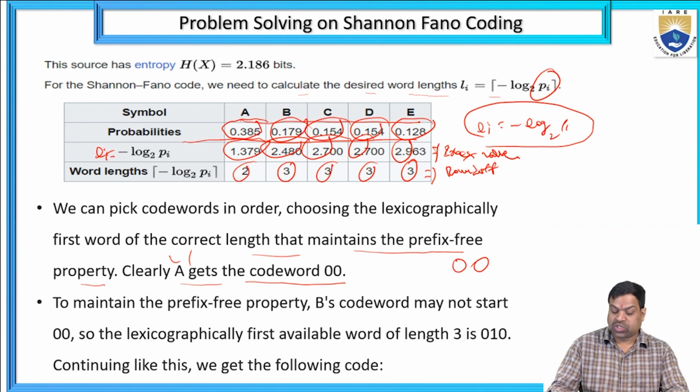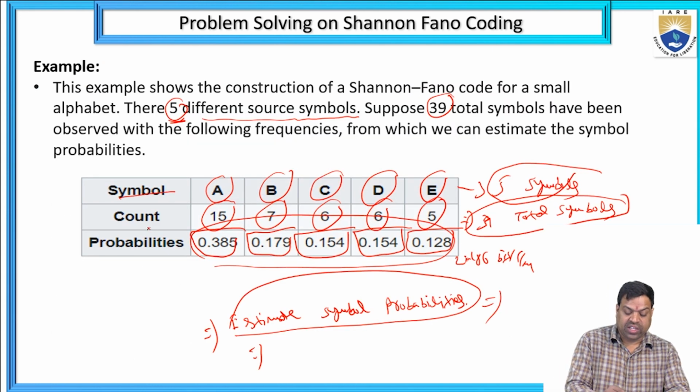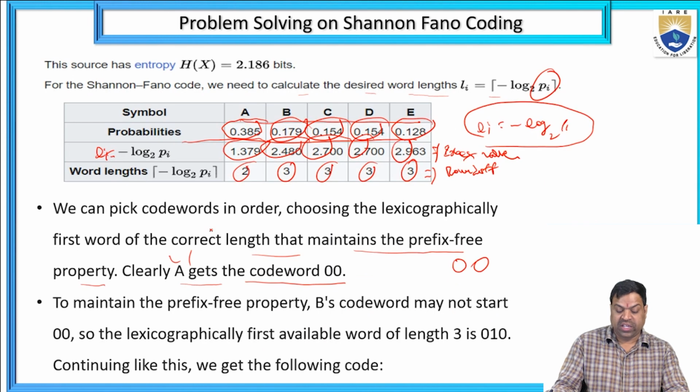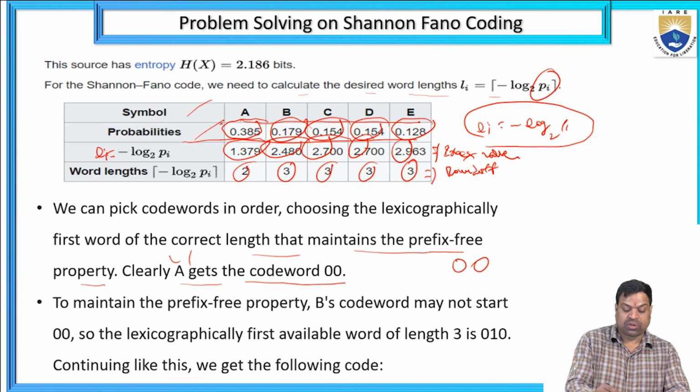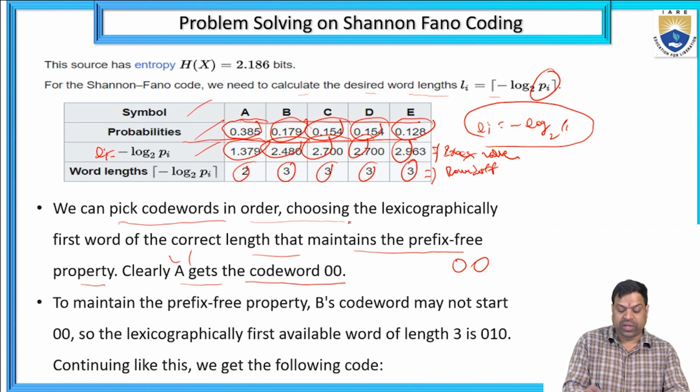So in the question, they give the symbols and the probability values. But here, from the probabilities, I got the code length or word length. I get the code word from picking the lexicographically first word of the correct length that maintains the prefix property.